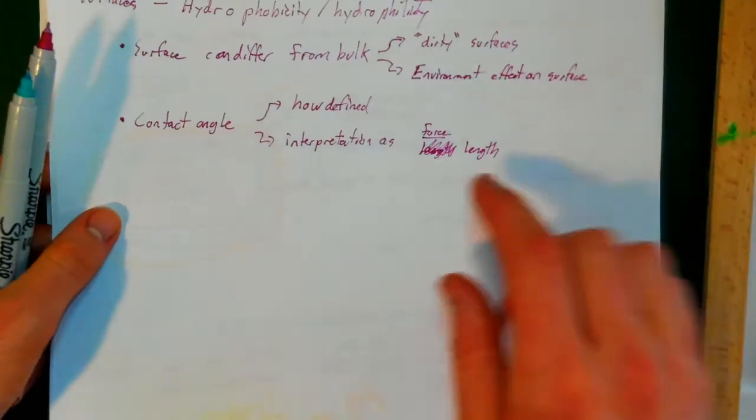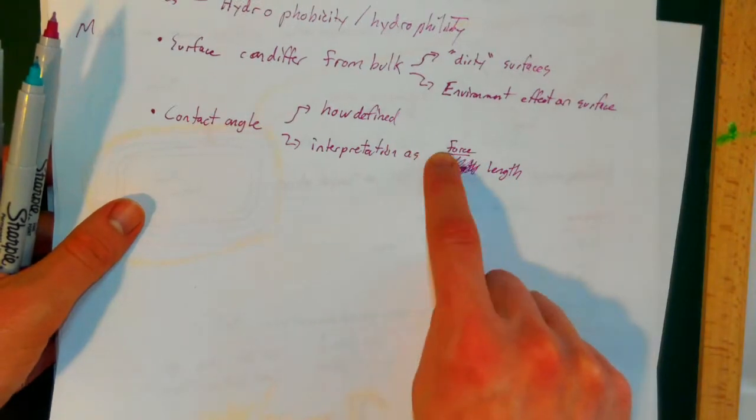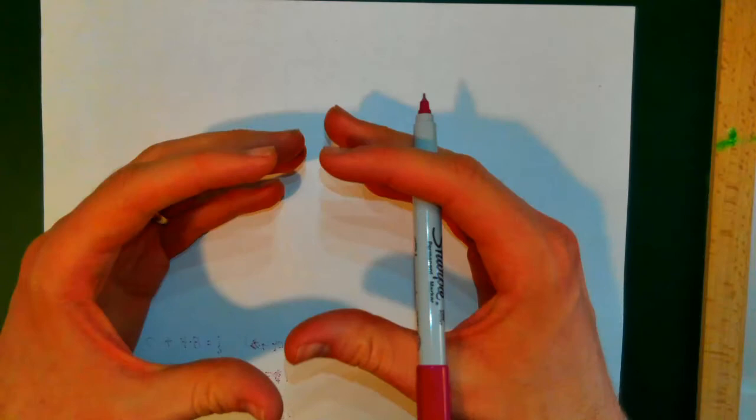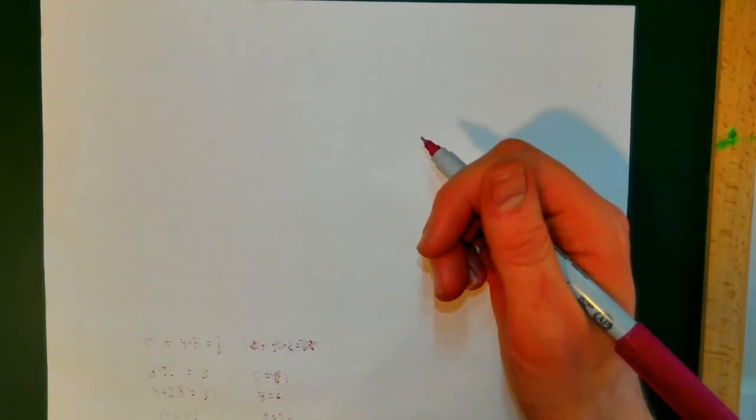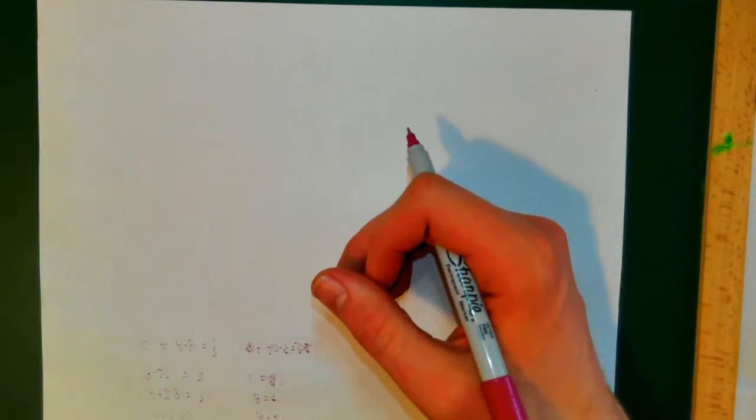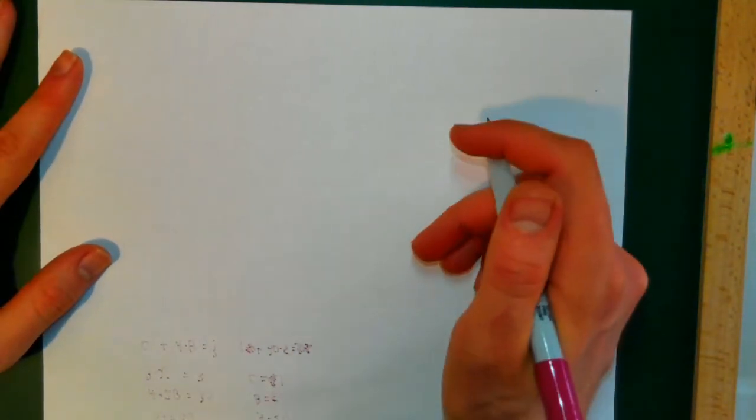So finally, let's talk about the last topic of today, which is the interpretation of contact angle as a force per length. So I said earlier that surface tension pulls on a surface, and it pulls in such a way that it tries to minimize the contact area between certain things.